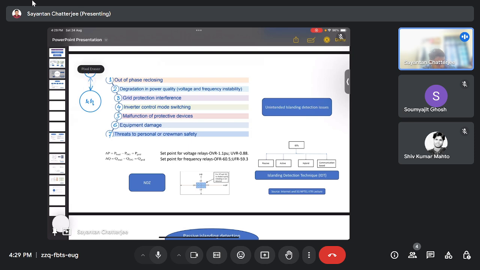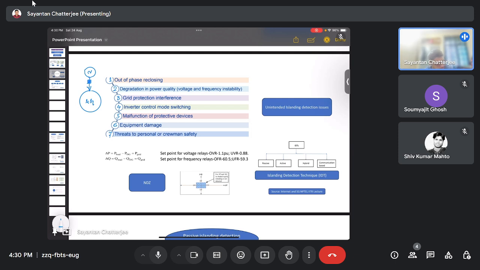Let's say for the time being it is unidirectional, not bidirectional. Here we have the point of common coupling, because generally the case considered is that the microgrid will be self-sufficient to deliver its own loads, but in need it can take the power from the grid itself. But for the time being, let's not consider the case where it can deliver to the grid, although it has the capability to deliver to the grid itself.